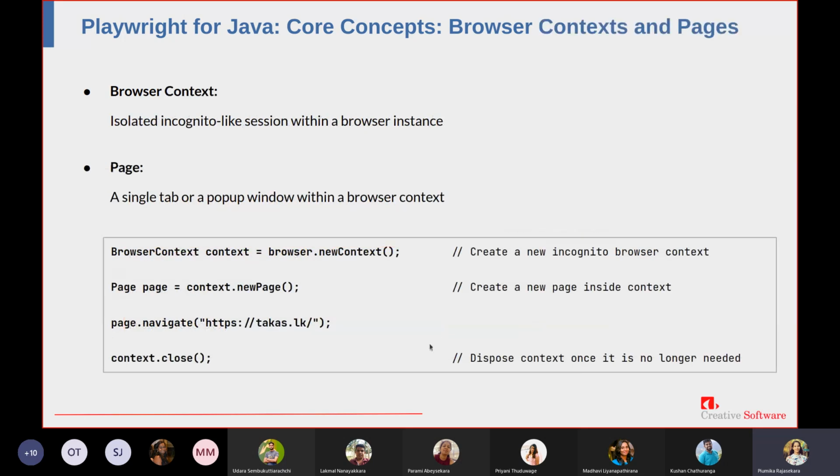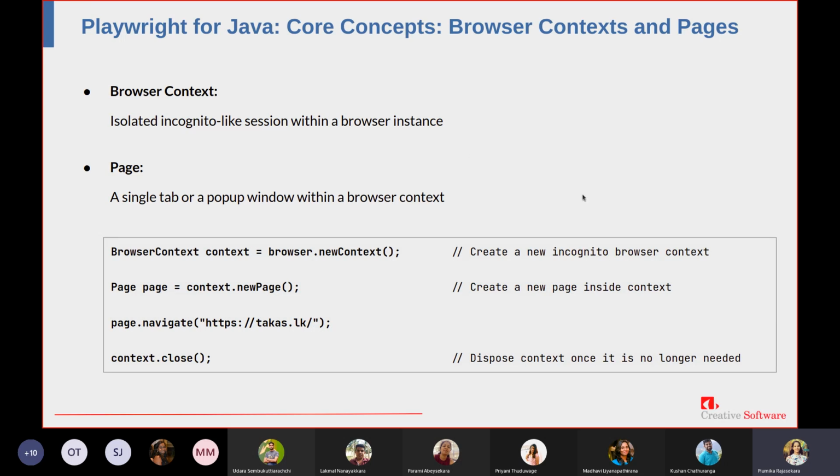And then we have browser contexts and pages. A browser context is an isolated, incognito-like session within a browser instance. Normally, it's recommended to write tests in separate browser contexts, so that browser state is isolated between the tests.